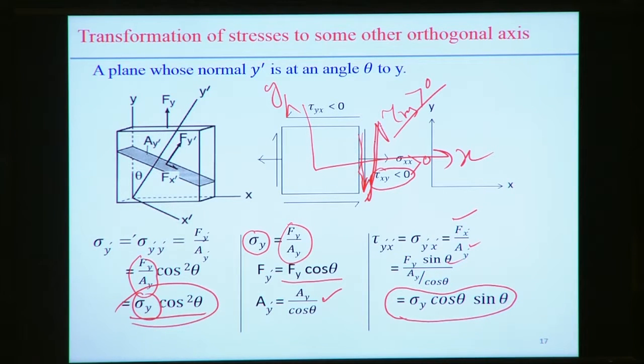That means this symbol represents the positive value of the shear stress. Similarly, this direction also represents a negative value, but on the opposite side, this represents the positive value of the shear stress. So with the axis system, we can decide whether it is a positive or negative shear stress, or a positive or negative normal stress value, with this sign convention.